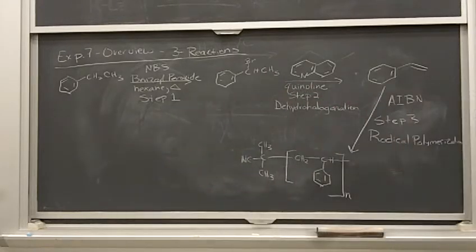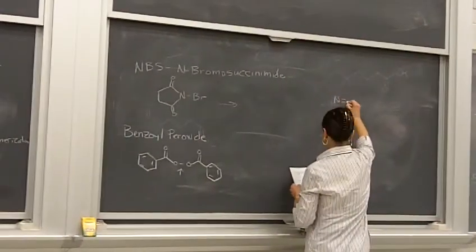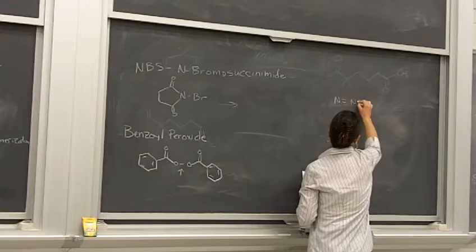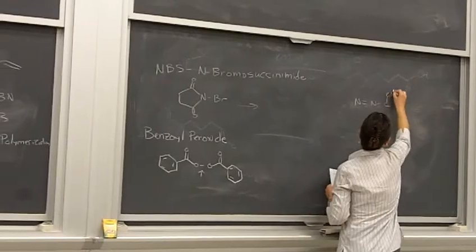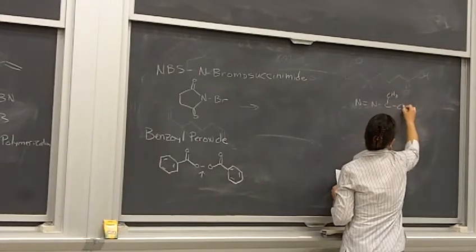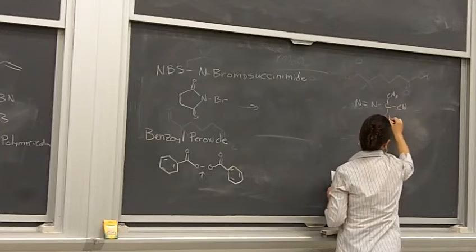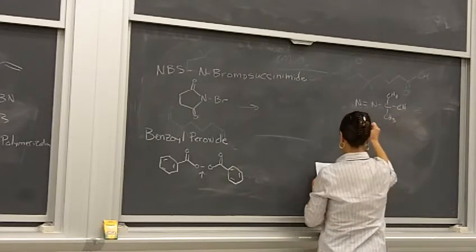And this piece that comes off the end here is from our AIBN. And so the AIBN is this guy. Which is also very reactive and another source of radicals.